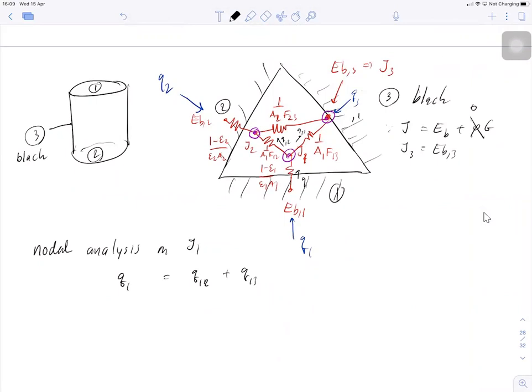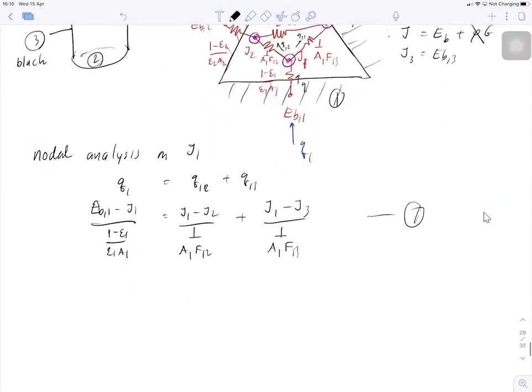Q1 passing through is going to be EB1 minus J1 over the internal resistance, (1 minus epsilon 1) over epsilon 1 A1, equal to Q12 passing through 1 over A1F12 from J1 to J2. So it's going to be J1 minus J2 over 1 over A1F12 plus J1 minus J3 over 1 over A1F13. See the first equation, okay?